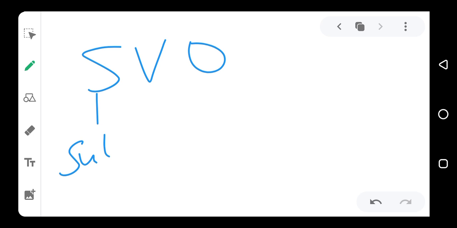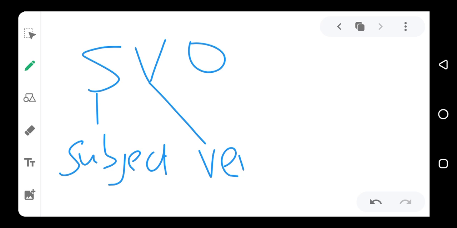Therefore, because it acts as a subject or the object in a sentence, a noun clause always comes next to a verb, because the word order in most sentences follows SVO, that is, subject, verb, object.